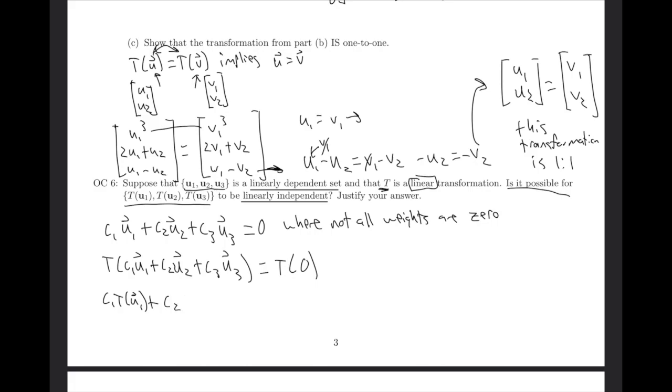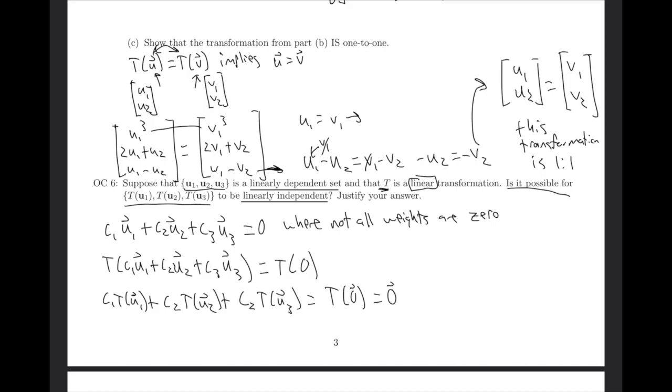Plus C2 T of U2 plus C2 T of U3 is equal to T of 0. And T of 0 is always going to be equal to 0. The reason that's the case: if we input the 0 vector, we get out the 0 vector.